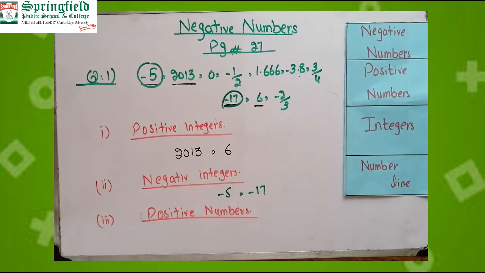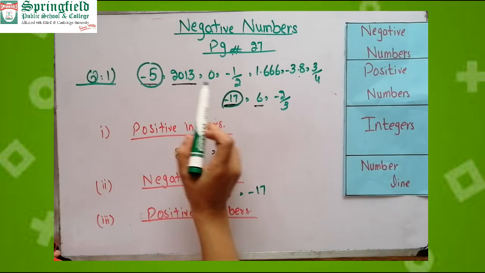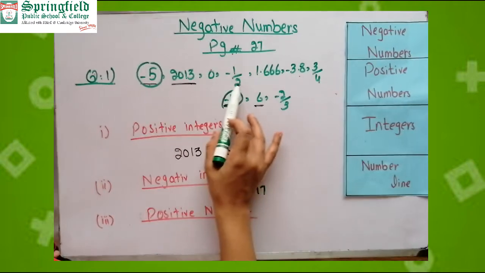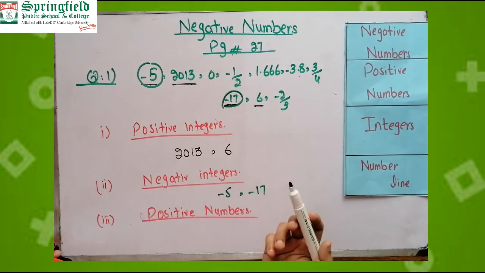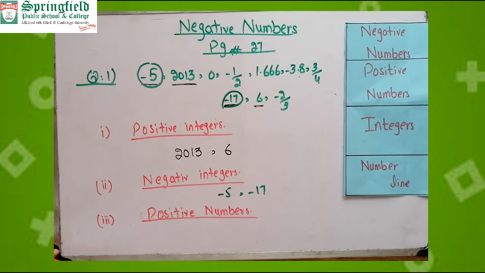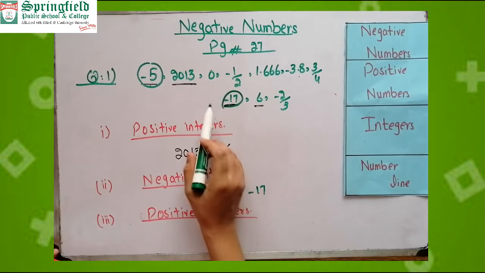Now which ones are the positive numbers? You can write here, these are the positive numbers. Every integer will be called a number, but every number will not be called an integer.